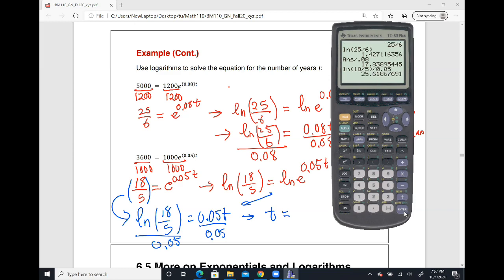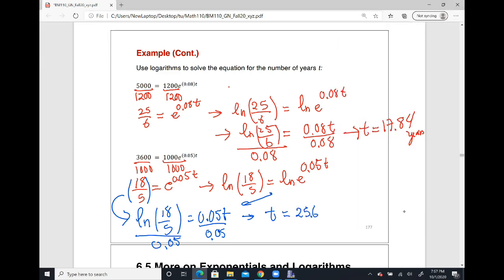And that's going to be 25.62 years. Okay, that's going to be it.